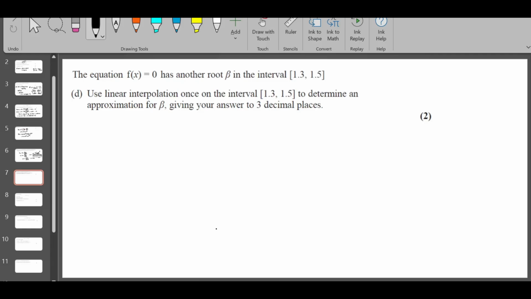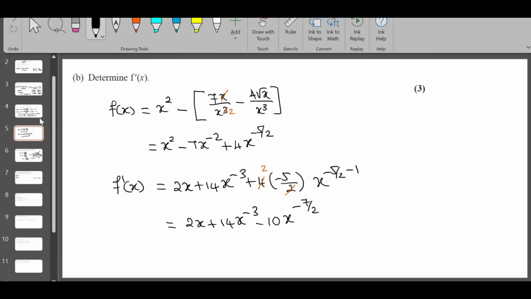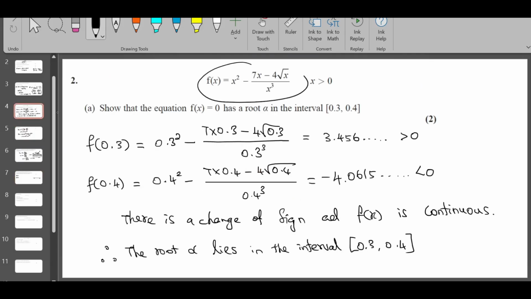Okay, let's say this is the x-axis and the point 1.3 is here, 1.5 is here. Let's find the value of f of 1.3 first and then f of 1.5. In this function f of x, replace x by 1.3 and 1.5 and get the values.